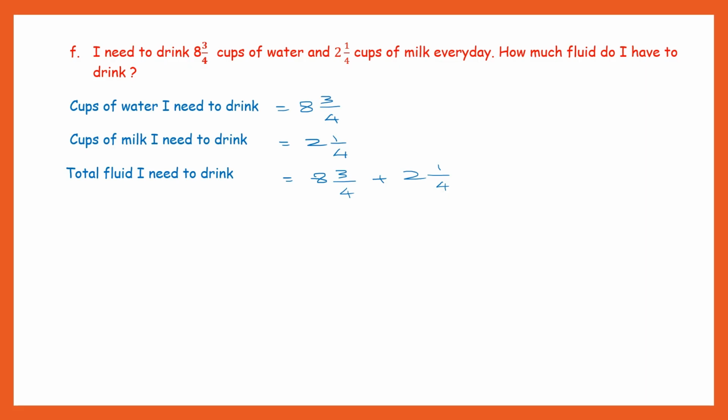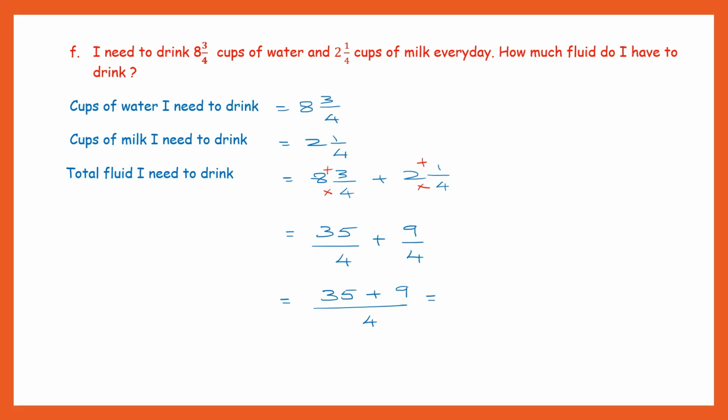Let's convert these to improper fractions. 4 eights are 32 plus 3 is 35. So this is 35 by 4 plus, let's convert here. 4 twos are 8 plus 1 is 9 and that is 9 by 4. So these are like fractions, so we just have to add the numerators, that is 35 plus 9 by 4.